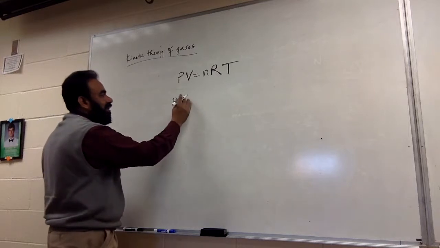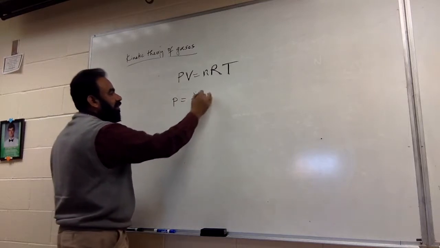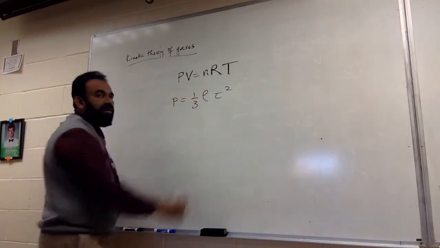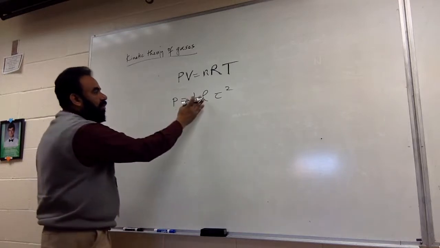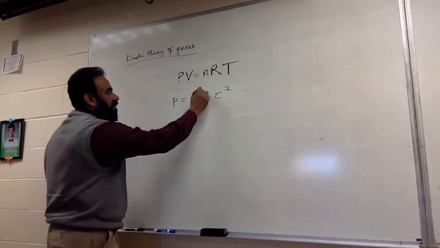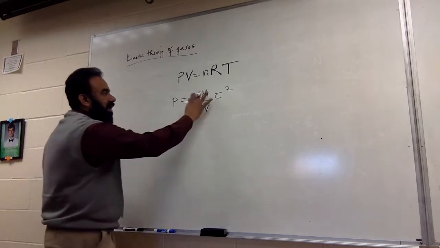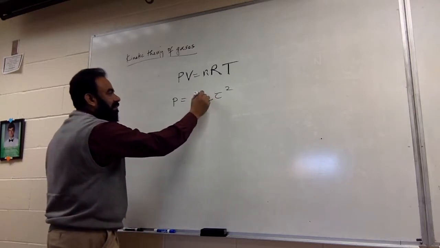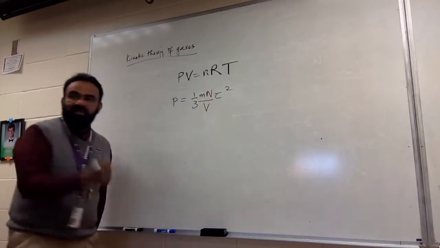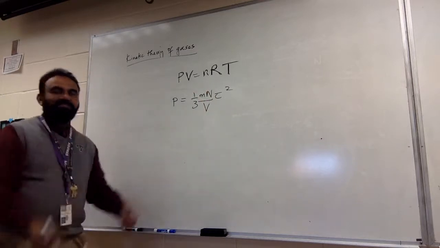So P, you know, is 1/3 rho c bar squared, and rho is mass over volume, and the mass is mn. Right? I'm going backwards now.